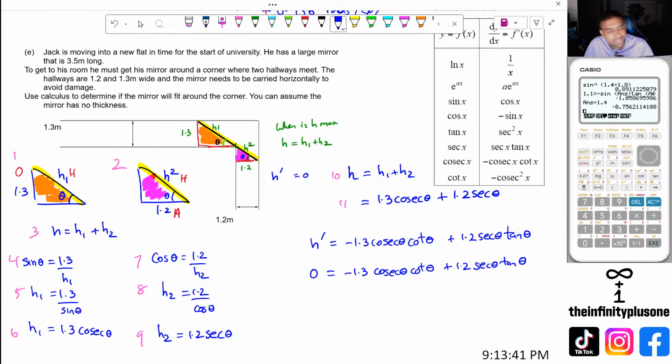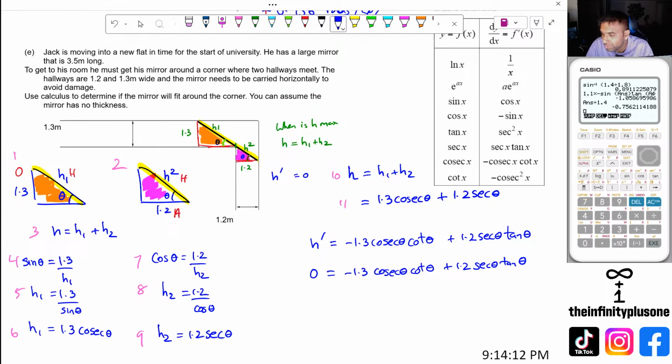Now looking at this actually looks kind of super crazy, but I want you guys to know this. You can see the cosec theta here and sec theta here, that's from what I did. We are setting it to 0 right now.